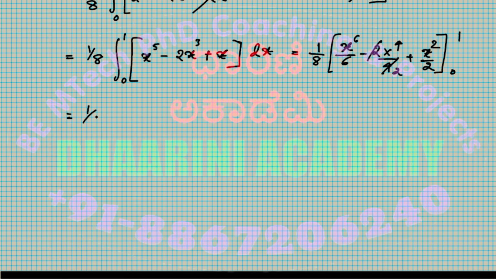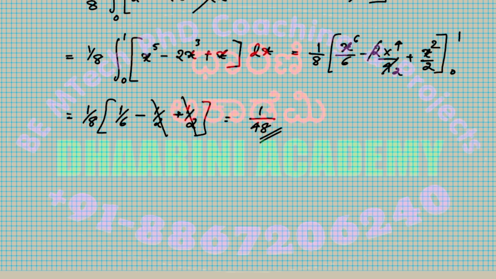So this is 1 by 8. Substitute 1. So this becomes 1 by 6 minus 1 by 2 plus 1 by 2. So we'll cancel them. 1 by 8 into 1 by 6, 1 over 48. Okay, so that is the expected answer.